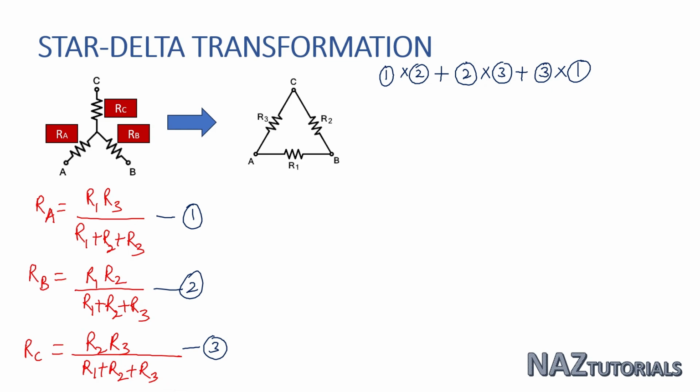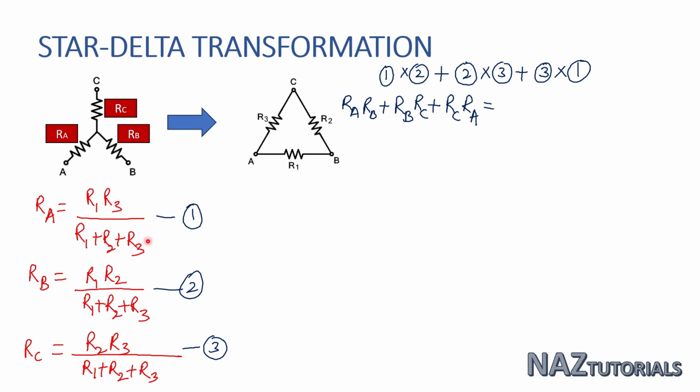So write the left side of the equation, that is RARB plus RBRC plus RCRA. Now let's see the right side of the equation.